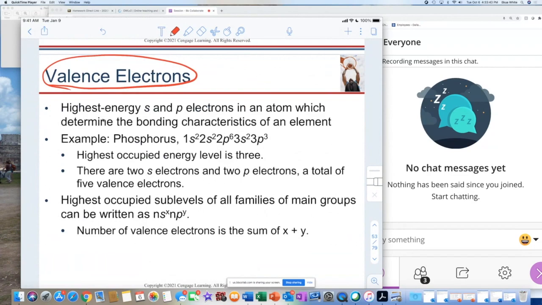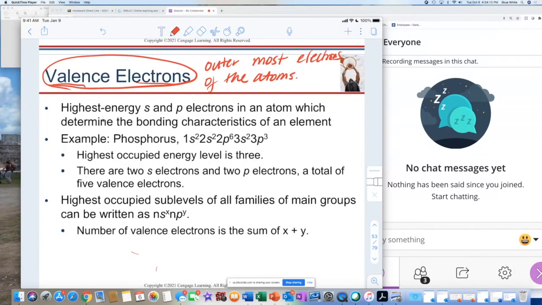So the valence electrons, these are the outermost electrons of the atom. So we recognize that atoms have a bunch of electrons. We don't care about the ones that are close to the nucleus. We can't even access those. We care about the ones that are very close to the surface of the atoms. These are called the valence electrons. Compared to the nucleus, it would be like the nosebleed section, right?